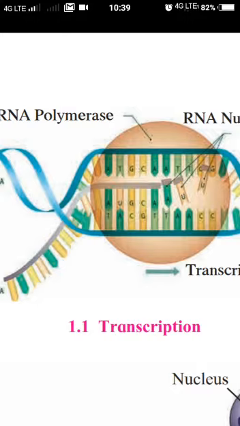So here you can see, as we know, there are 4 nitrogenous bases present in DNA. That is adenine, which attaches to thymine, and guanine attached to cytosine.